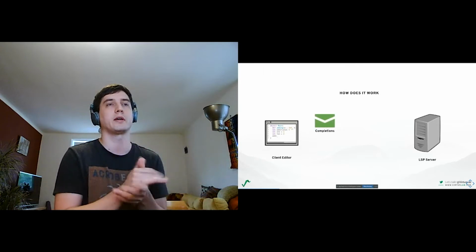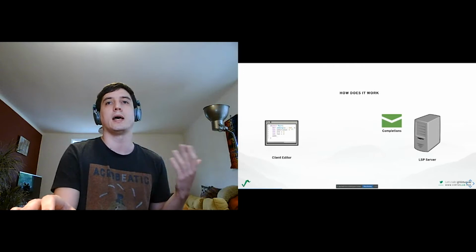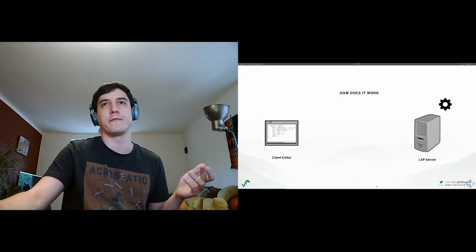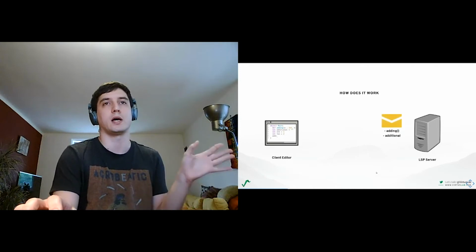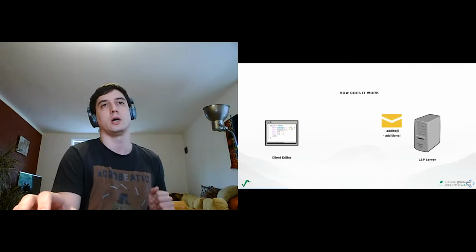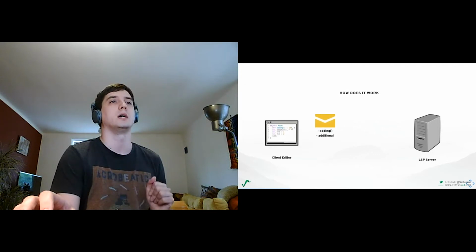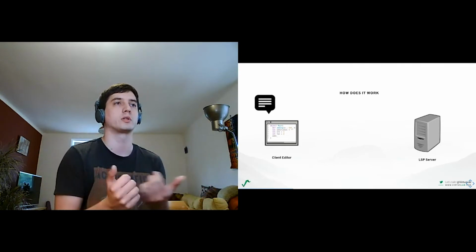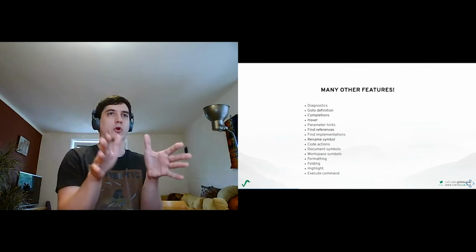We create a request and send it to an LSP server, and then the LSP server thinks for a bit and sends back a response. The response is then presented to the user. The user can choose what they want to apply, and that's applied. So this is basically how it works.